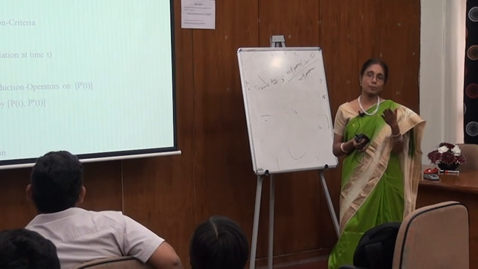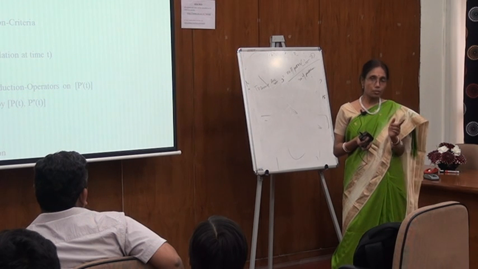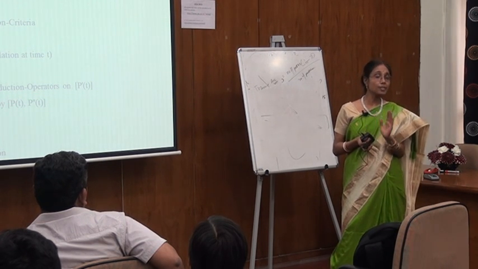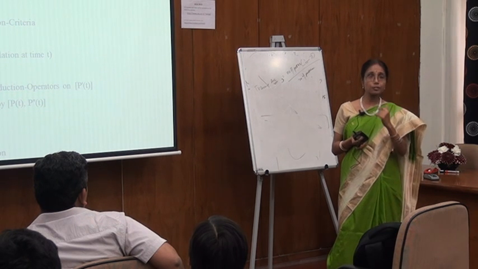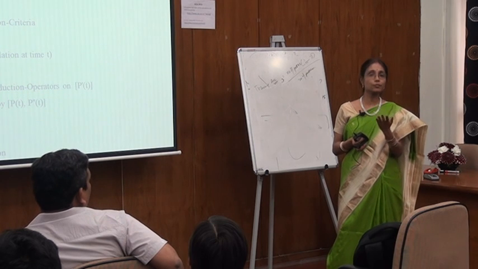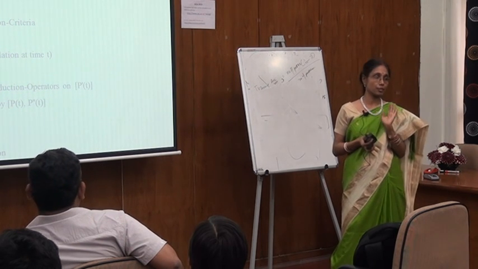But among these answers, x equal to 31 is the best one. But we will not try to find that using the exhaustive search procedure, rather we will use some heuristic kind of things.